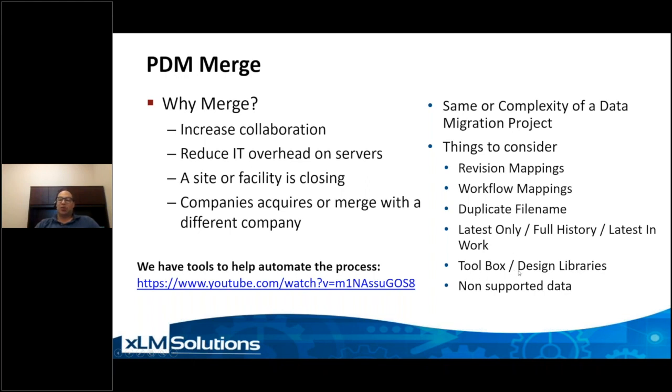So any type of toolbox or design library should be considered. And then there's non-supported data that you really can't merge, and that's more around items. Not that many people are using items, but items or cut lists don't always come over directly.